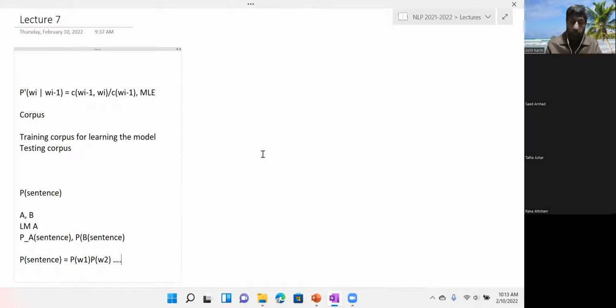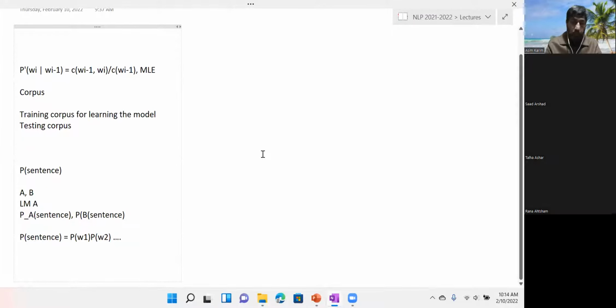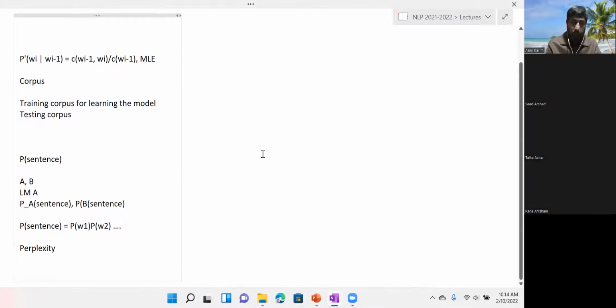So we use another measure which is directly related to probability to compare language models intrinsically. This measure is called perplexity. So this is the perplexity of a sentence. Let me write two P's here just to indicate that this is perplexity.